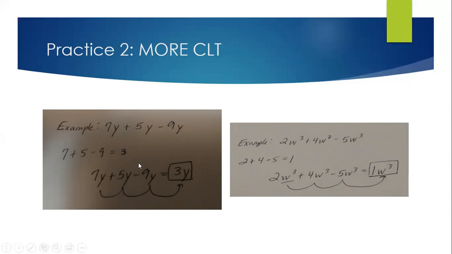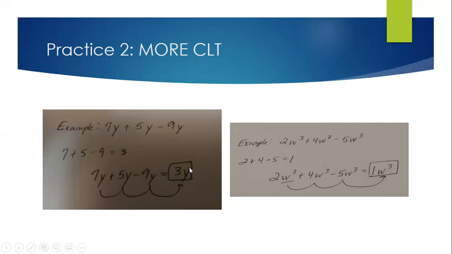I have 7y plus 5y minus 9y. So 7 plus 5 is 12. 12 minus 9 equals 3. And then what is it? Well, it's y. So 3y.